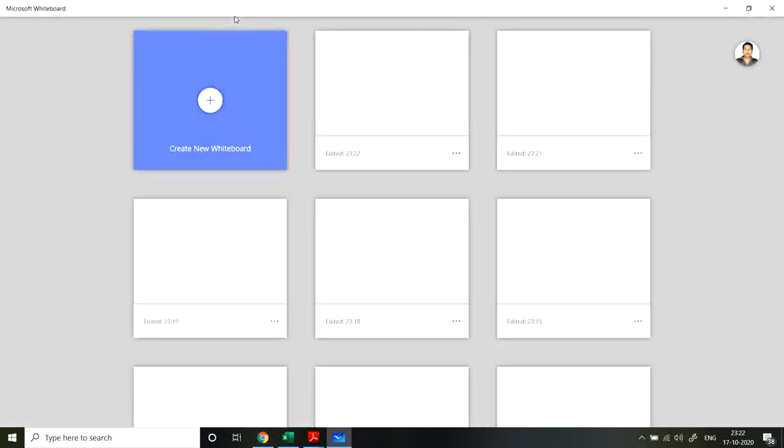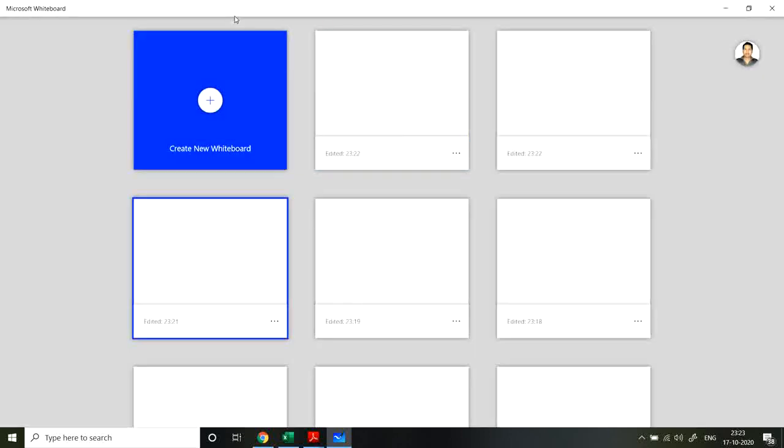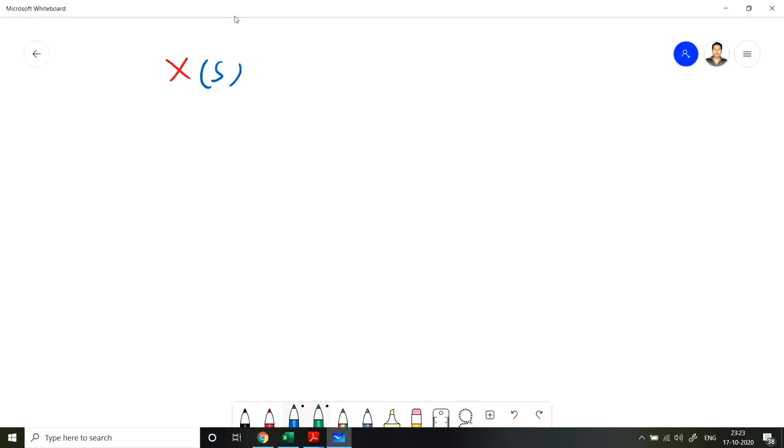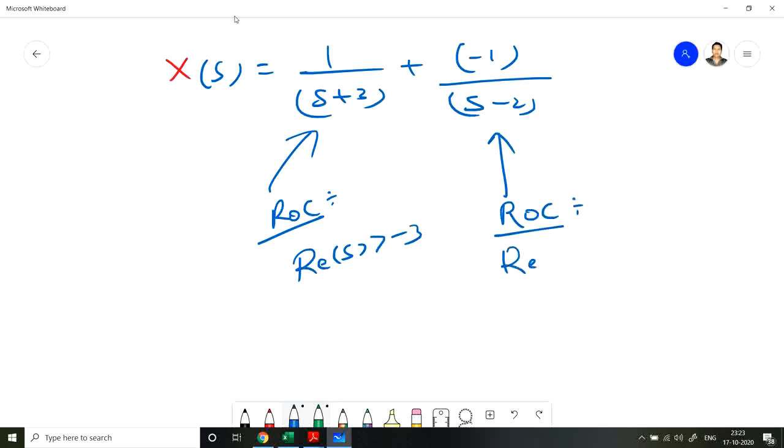So X(s) is equal to 1 divided by s plus 3 plus minus 1 divided by s minus 2. The ROC for the first is a right-sided signal, so real part of s is greater than minus 3. This is a left-sided signal, and the ROC is real part of s is less than 2.